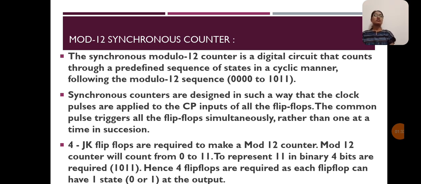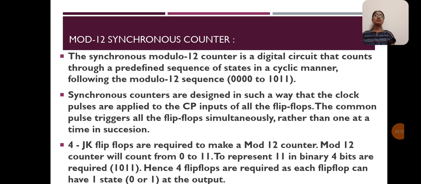The synchronous Mod 12 counter is a digital circuit that counts through a predefined sequence of states in a cyclic manner following the Mod 12 sequence, that is 0000 to 1011. Synchronous counters are designed in such a way that the clock pulses are applied to the CP inputs of all the flip-flops.